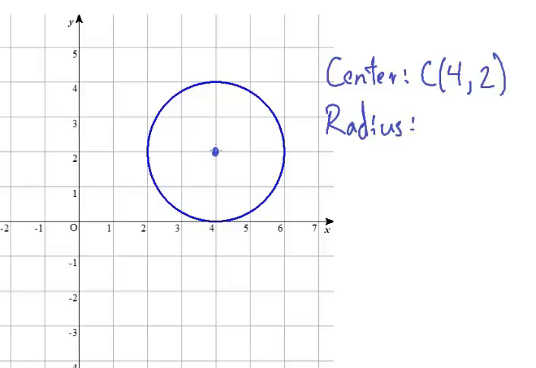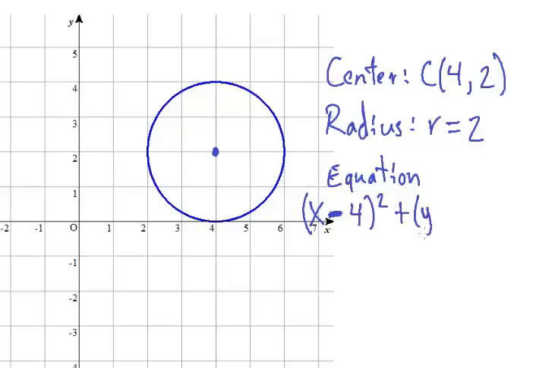If I check from the center to a point on the circumference, I need to move 2 squares. So the radius will be r equals 2. That means the equation will be x minus 4 squared plus y minus 2 squared equals 2 squared, which would be 4.